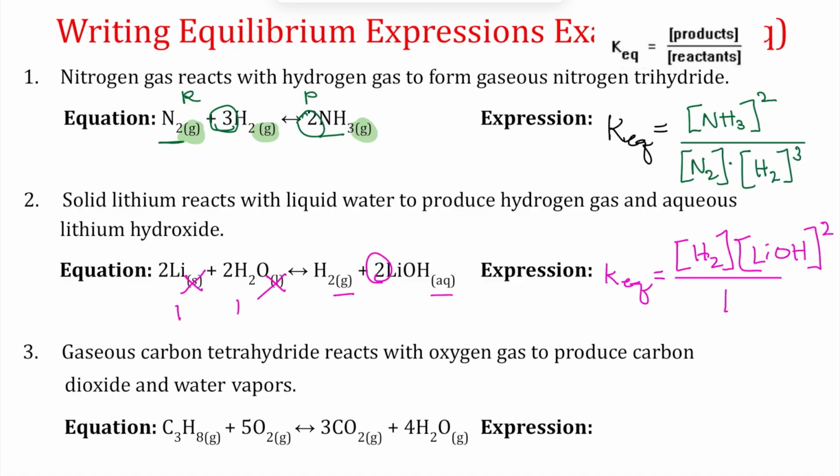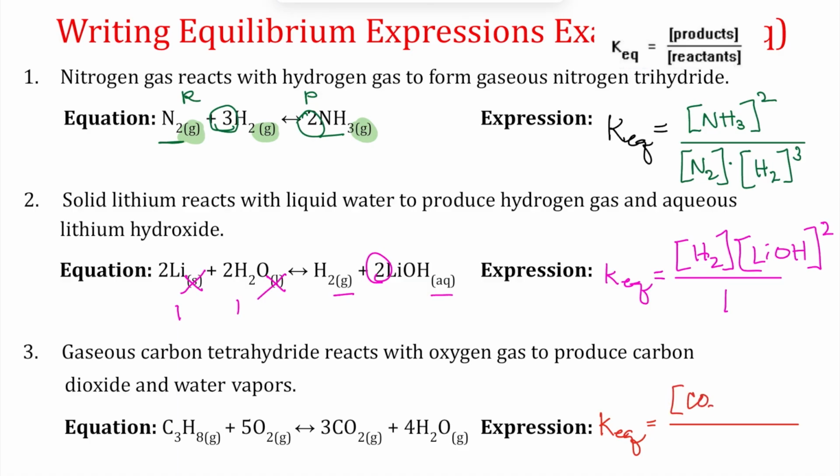Go ahead and try number 3 on your own if you want. Gaseous carbon trihydride reacts with oxygen gas to produce carbon dioxide and water vapor. Looking at this again, I want to look at what I can include in my expression. All of these are gases, so all of them can have changing concentrations. And so we're going to have KEQ, and that's going to be products over reactants.